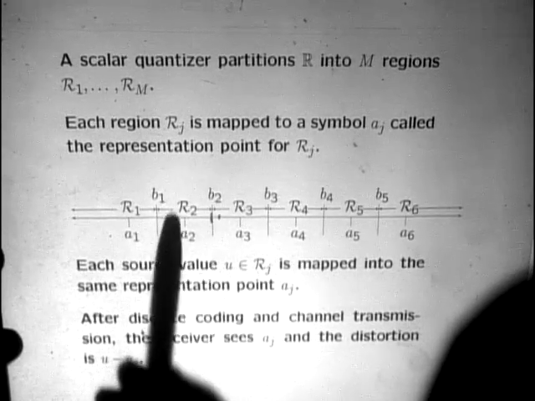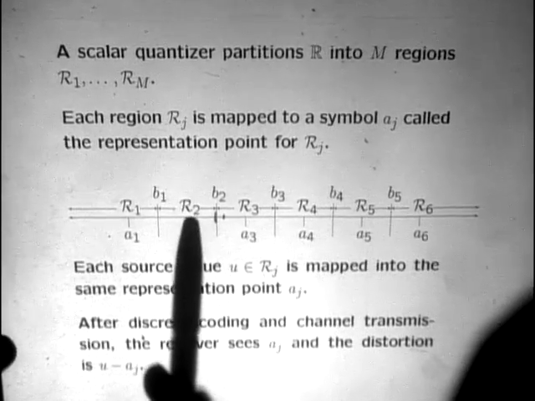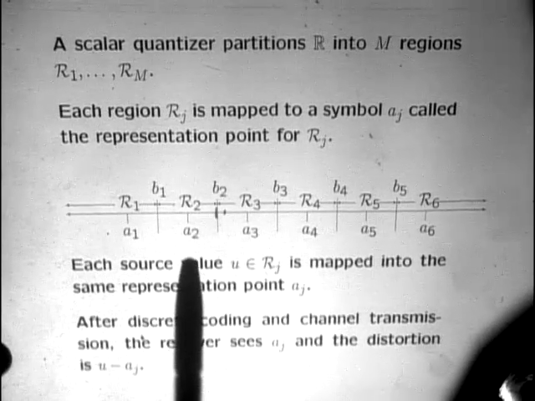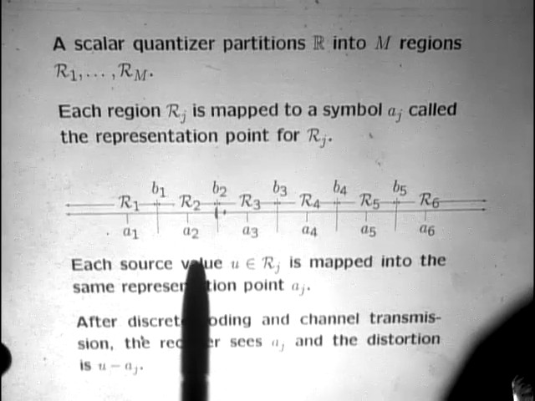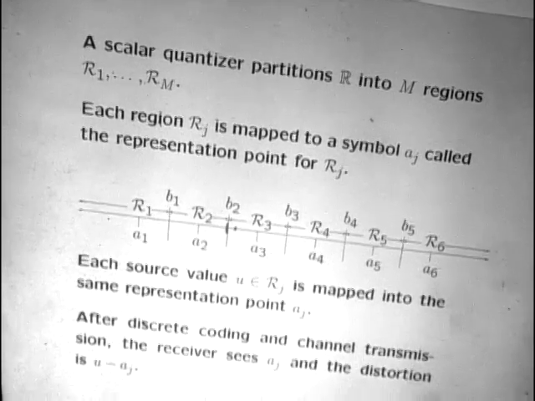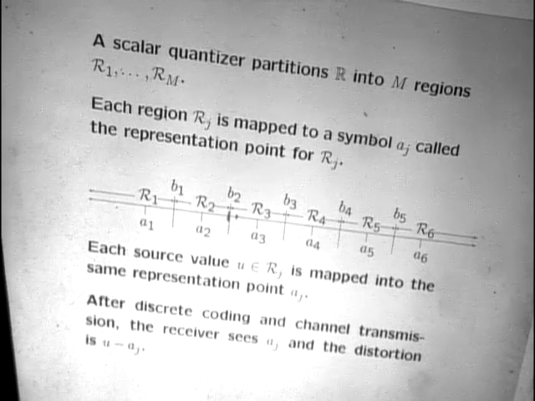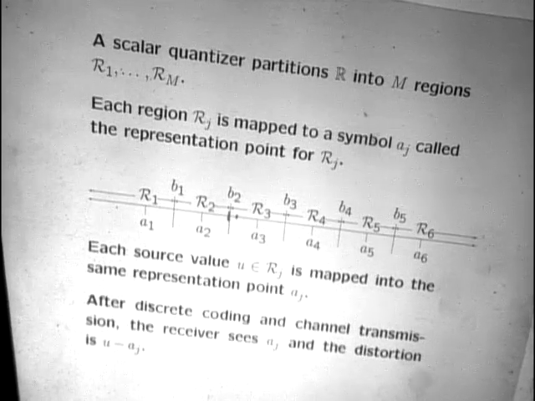Somebody gives us this region here, R sub 2, and says, okay, where should we put the point A sub 2? Will anybody have any clues as to where you want to put it? Midpoint. What? Midpoint. At the midpoint, it sounds like a reasonable thing, but it's not quite right. Depends on the distribution function. What? Depends on where most of the numbers are. It depends on the probability density, yes.